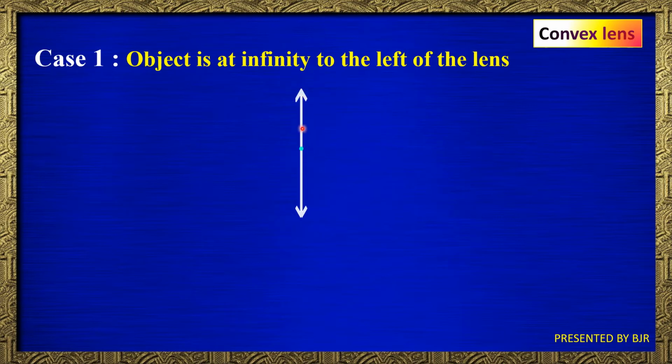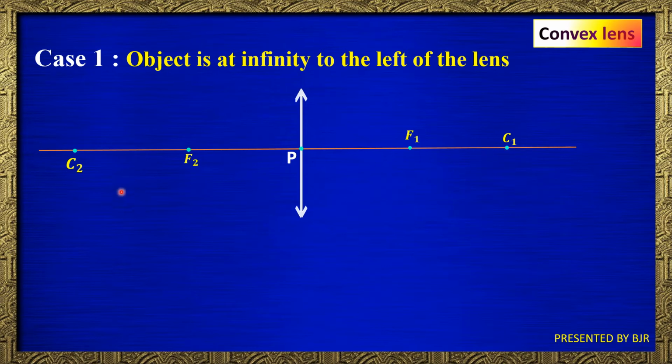Here P is the optic center, and this one is the principal axis, you know that. And here C1, C2, F1, F2: C1, C2 are the centers of curvature, and F1, F2 are the focal points.